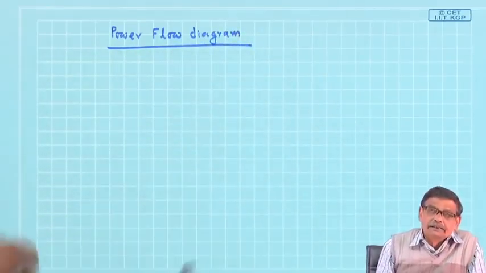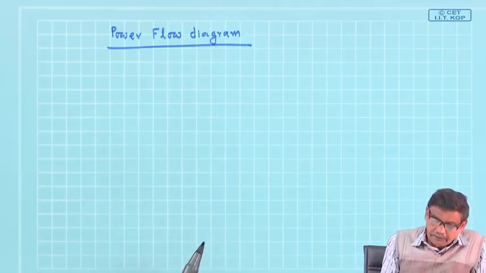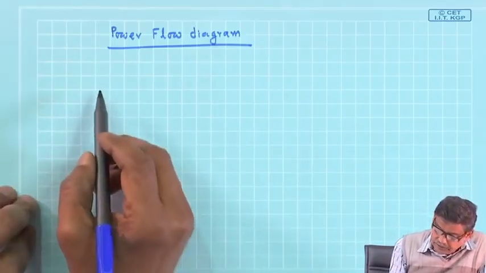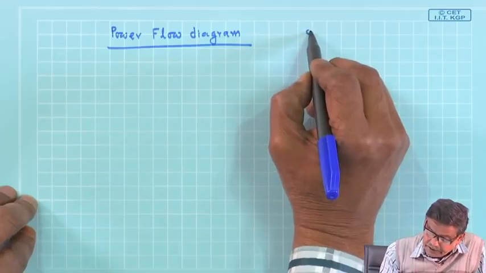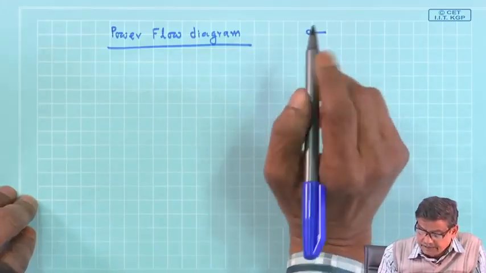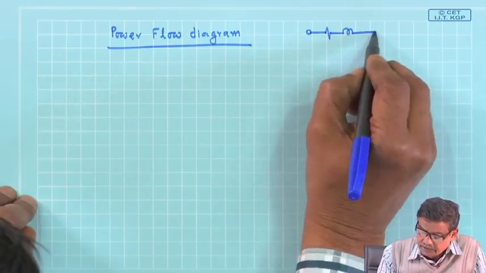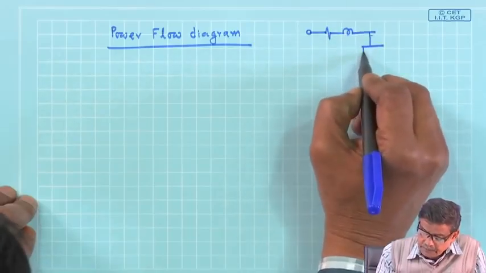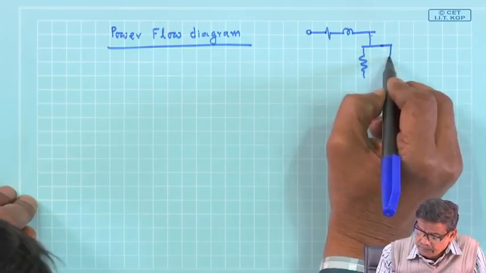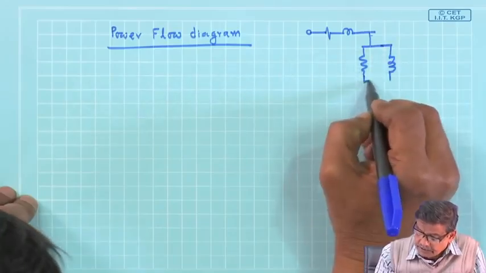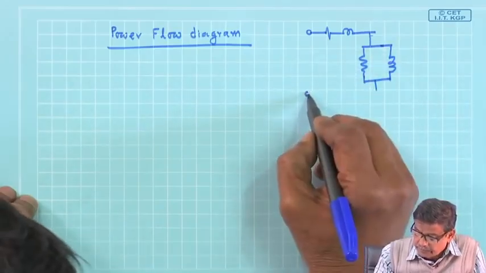Let us revisit it in somewhat more detail. See, in the induction machine I now know the exact equivalent circuit is something like this: R1, X1, then there may be rotational losses, which the resistance will represent.